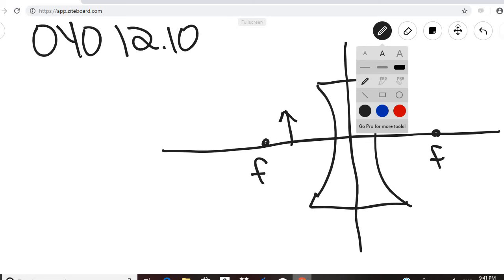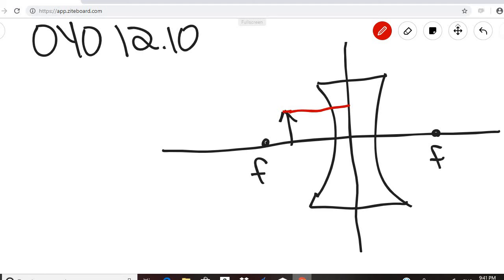The first one will go in horizontally, and then it will diverge as if it came through this focal point. So it's going to go out like that.